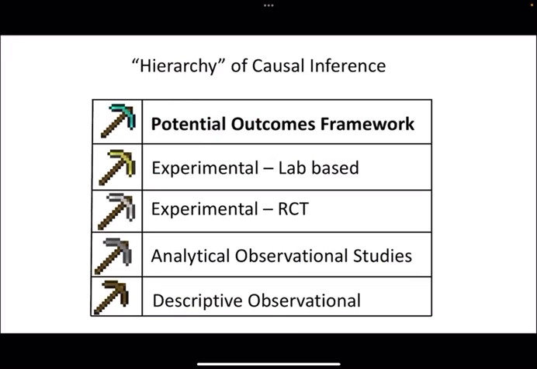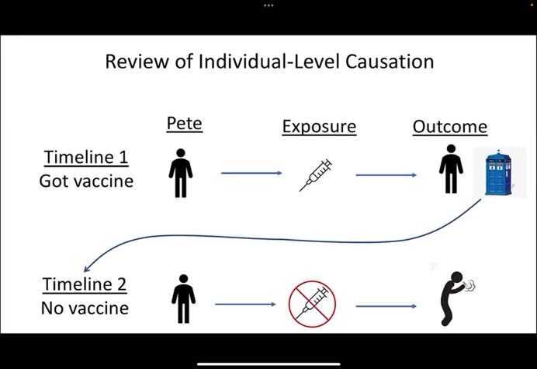As I mentioned before, there's a kind of hierarchy of causal inference, and we're still in the potential outcomes framework realm of causal inference. Just a review of what we talked about last time: at an individual level, causation is best visualized in this sequence of events here. We're just focusing on the top for right now. We have timeline 1, where this individual got the vaccine and didn't get the outcome.